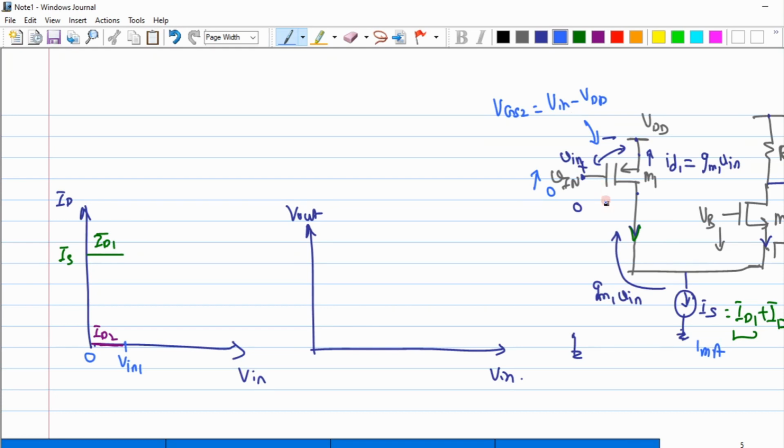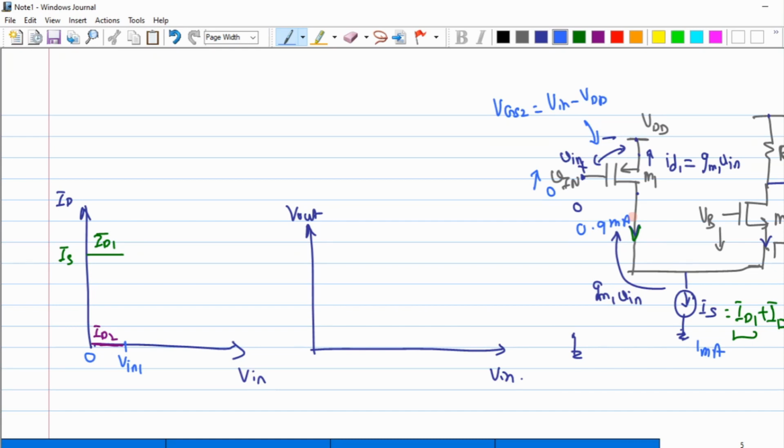Say for example, based on the current value of Vin, I have only 0.9 milliamperes flowing through this M1. But my tail current source is expecting 1 milliampere. So where do I get the remaining 0.1 milliampere from? From my M2 transistor. It's obvious.